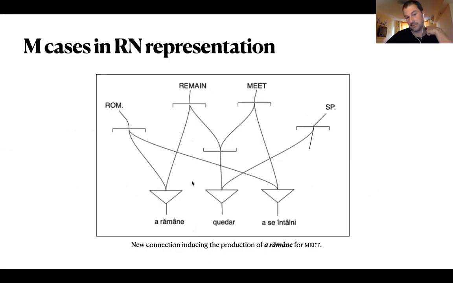Whenever the concept to remain, to stay in one place, is active, this concept will activate these pathways going towards a rămâne and quedar, Romanian and Spanish. Only one of these two lexemes will be produced, depending on the additional activation that these end nodes require, coming from those parts of the system accounting for Spanish or Romanian. So, depending on which of these two language nodes is active, only one of these two lexemes will be successfully produced.